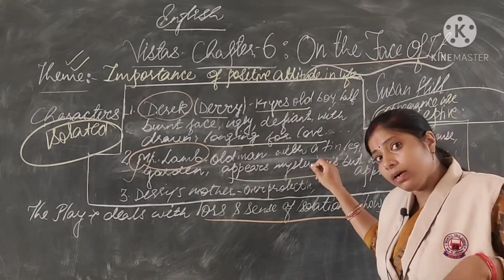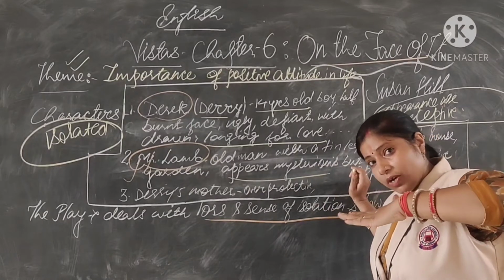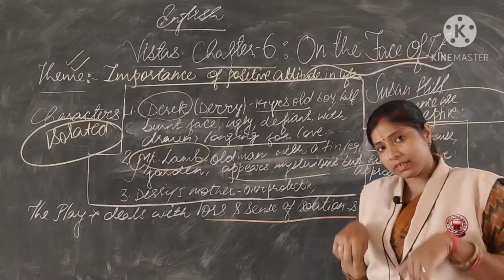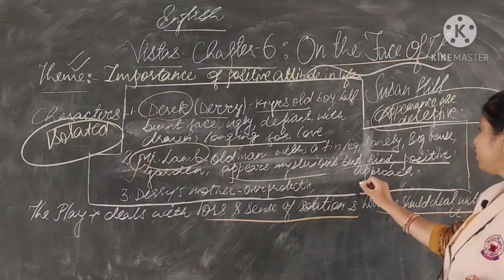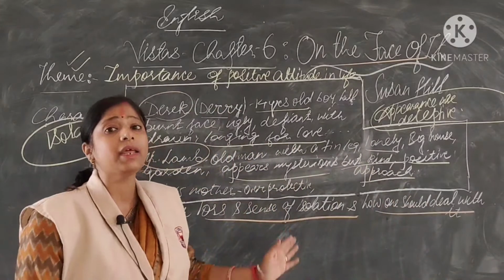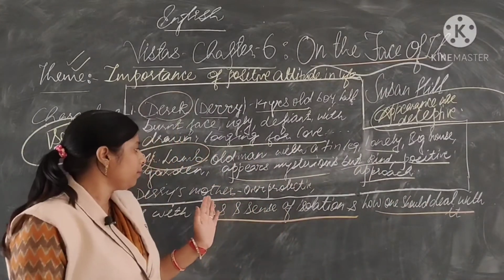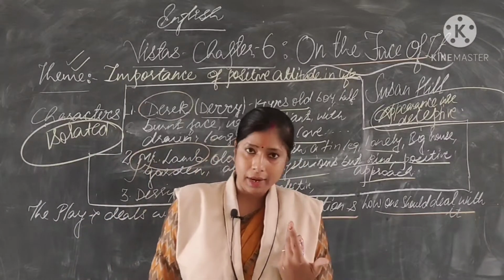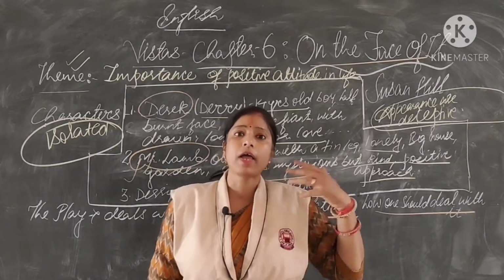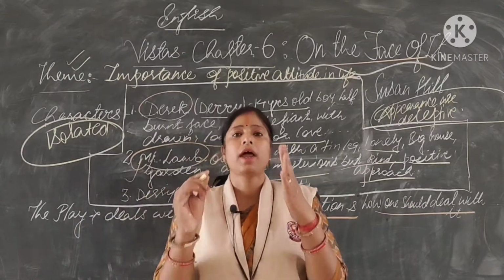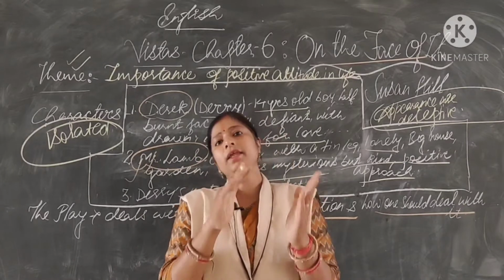Means it appears mysterious, but inside he is kind, with a positive approach, full of positive approach. There is the mother, a minor character we have. She is an overprotective lady. Means I'm not exaggerating over here if I say that she has her hand, why Derry is not going out?